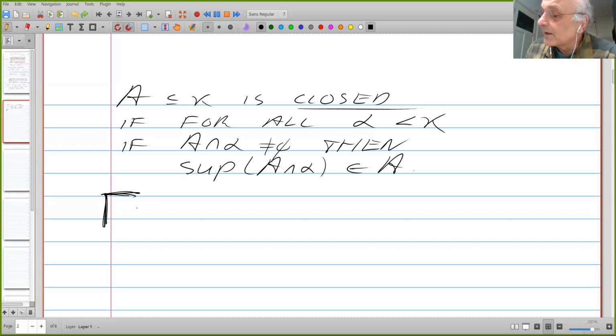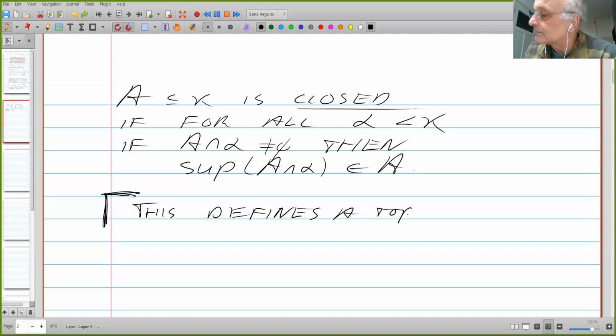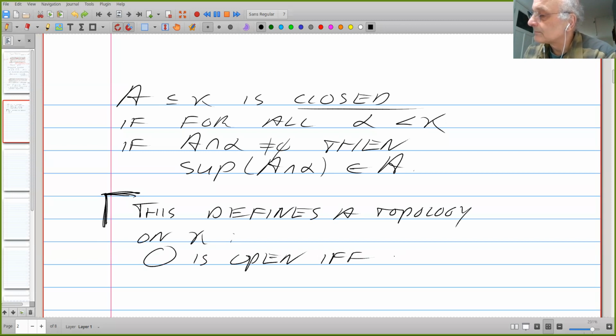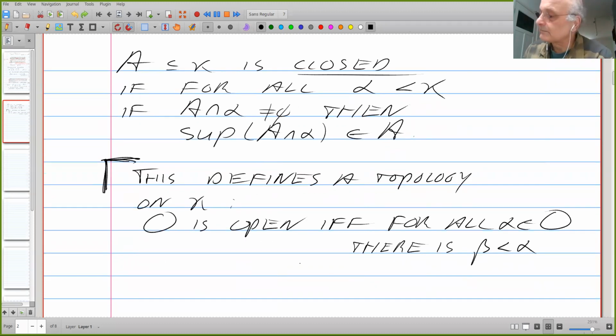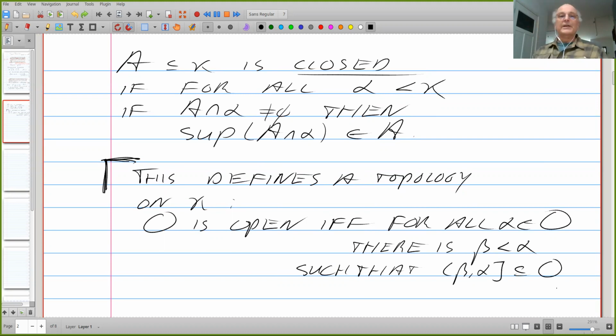But if you do, you can define a set to be open if this happens.